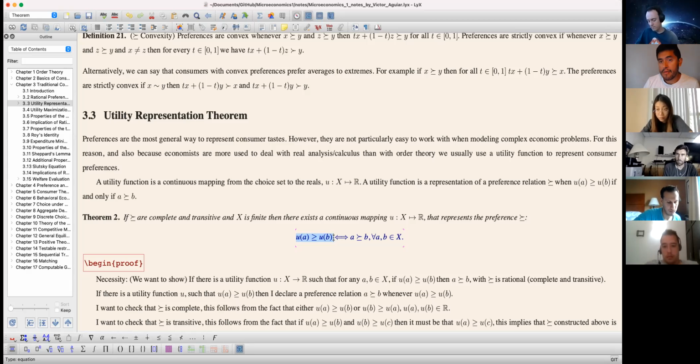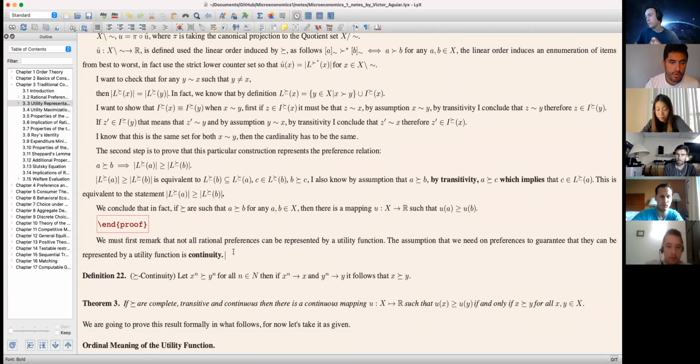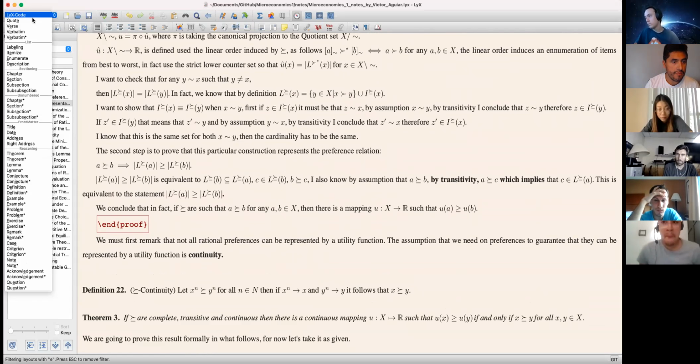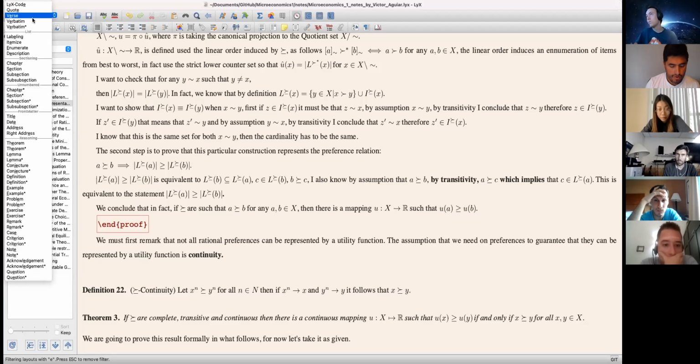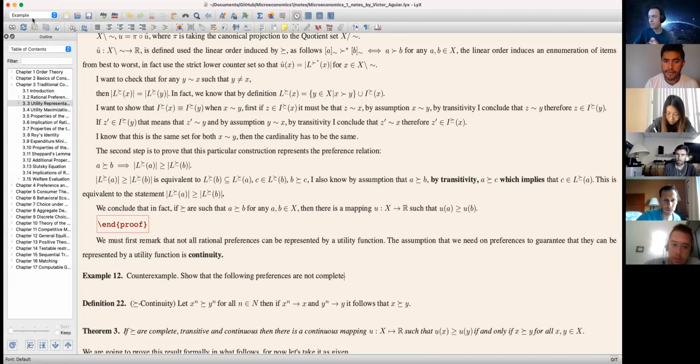the asset investment, right? So in fact, I'm going to write this thing so you have an idea. This is one example. Sorry. Okay, so show that the following preferences are not complete.